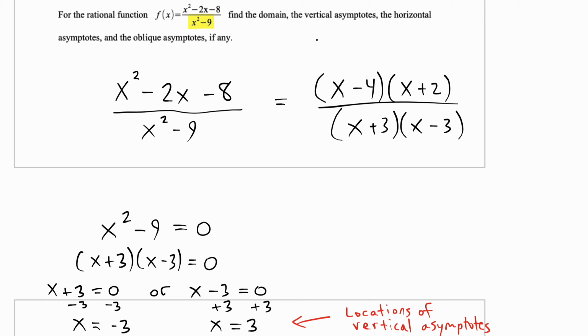So that makes our domain from negative infinity to negative 3. And then we're going to skip over the negative 3 using a union here. We'll go from negative 3 to 3, and then we'll use a union again to state the rest of the domain, which is 3 to infinity.